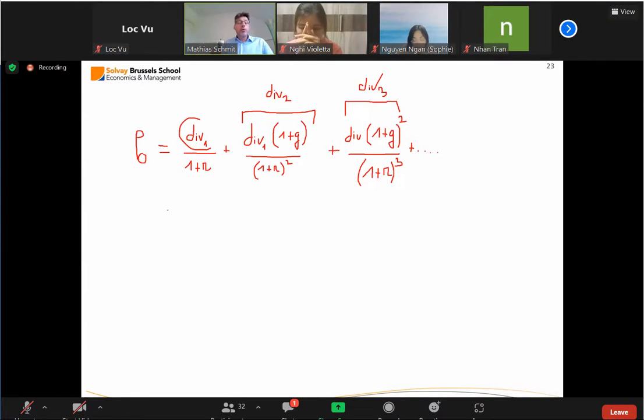And so we can prove, it's a geometric series, that the price in 0 is the next dividend over the discount rate minus the growth rate. So you see the formula is really simple. And I will explain it and we will apply it. And we will see that there are plenty of applications of this formula.